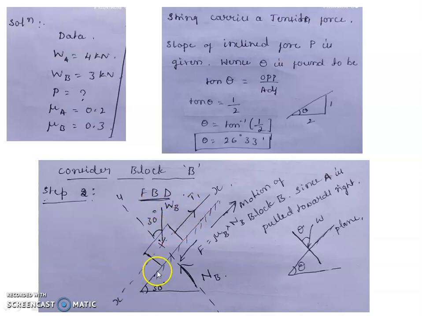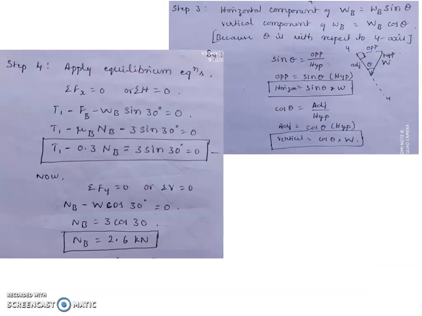It is acting left side, hence it becomes minus W sin 30 degrees. My friction is also acting towards the left side, so it is also minus F. Here you can see T1 is in the right direction, positive, friction is towards the left, hence negative, and the weight component also acts towards the left, hence negative, equal to 0.